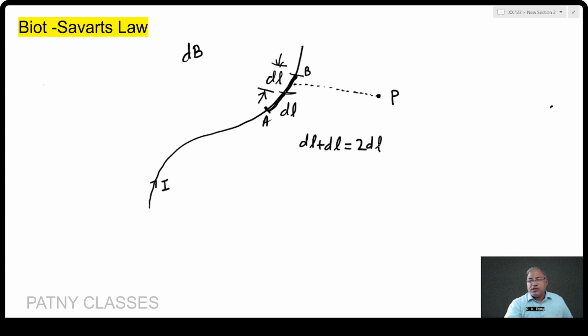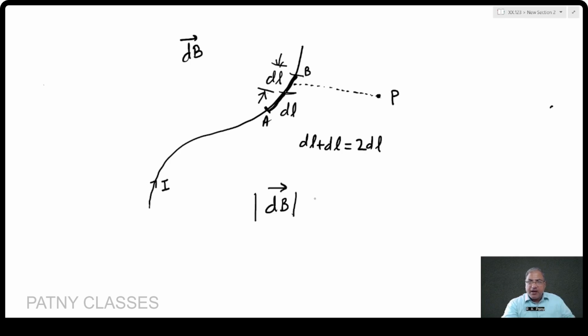My question is, will the magnetic induction also increase? The answer is yes. When the length of the wire increases, the magnetic induction value also increases. So according to Biot Savart law, the magnitude of magnetic induction will depend upon the length of the wire.